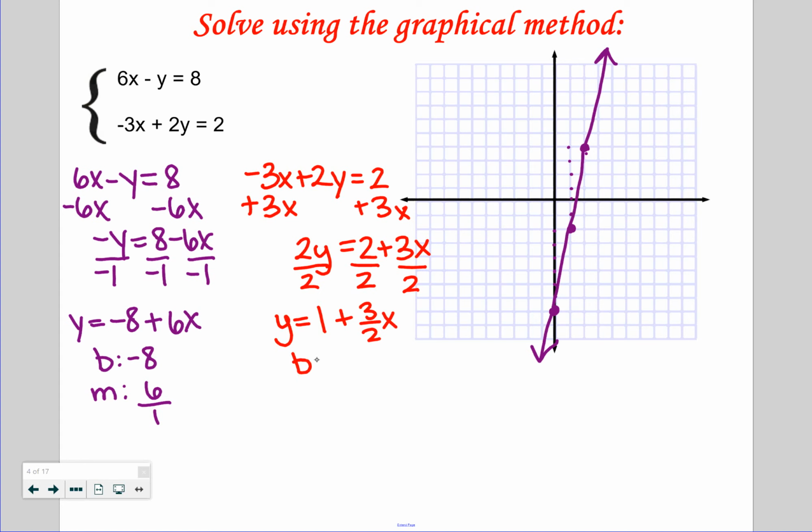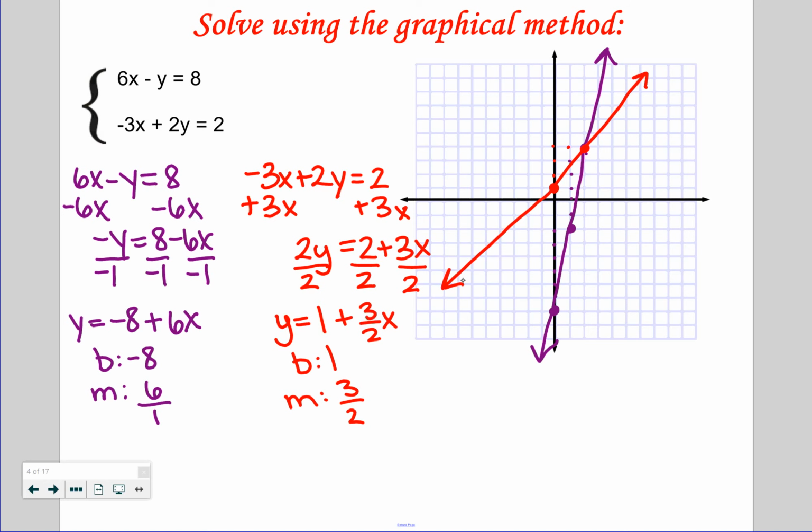So my b, my y-intercept, is 1, and my m, my slope, is 3 halves. I'm going to make a point at 1 on my y-axis to start, and then my slope is 3 over 2, which tells me to rise 3 and run 2. And there is my second line.